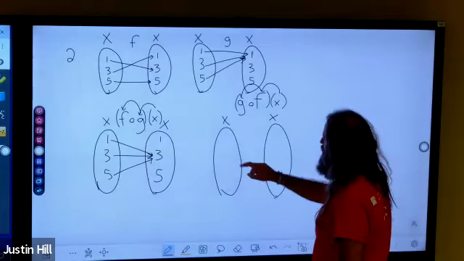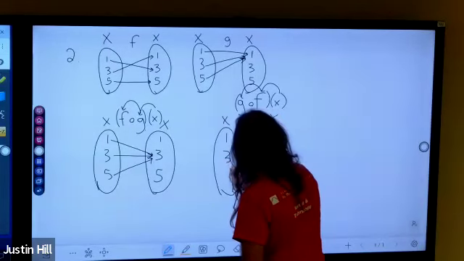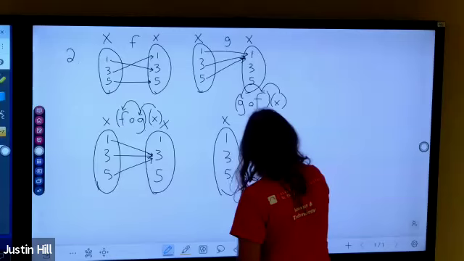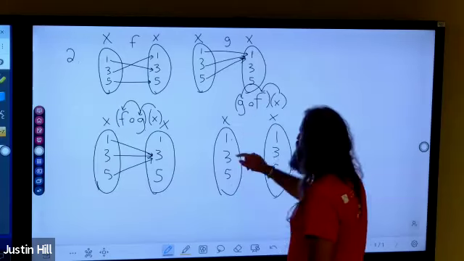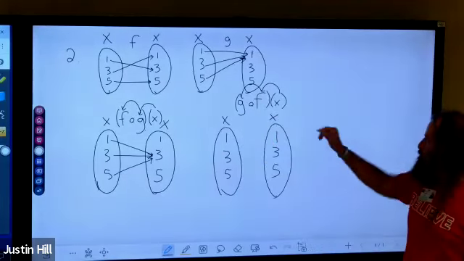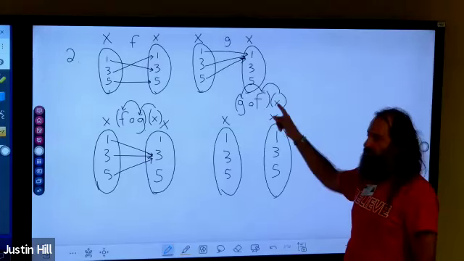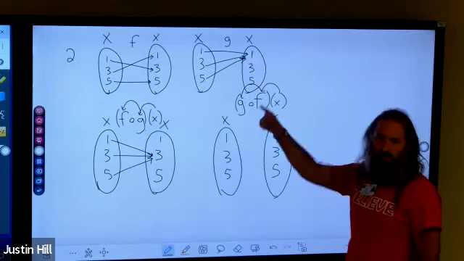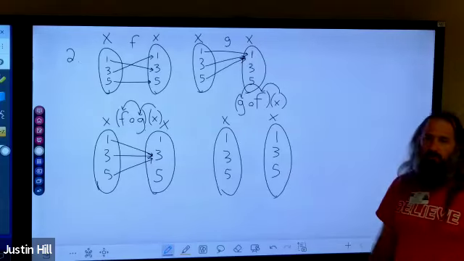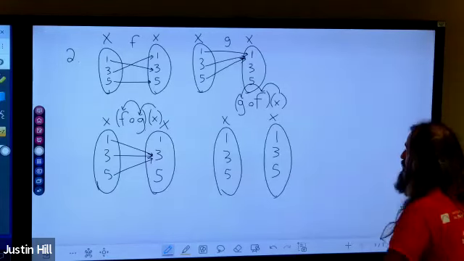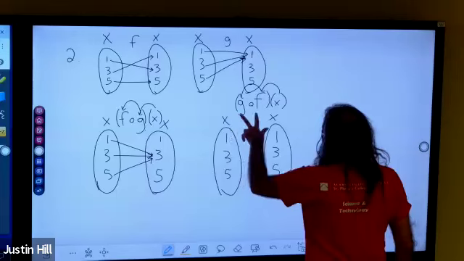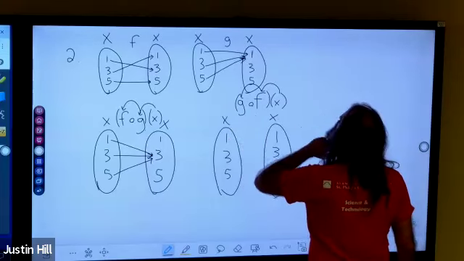So pick an X. So again, what we're going to do is just do 1, 3, 5. We're going to follow each one. We're going to pick a 1, put it into F, and then put that result into G, and whatever we get out of that, that's my output. So let's start there. So I want to do G compose F of 1.